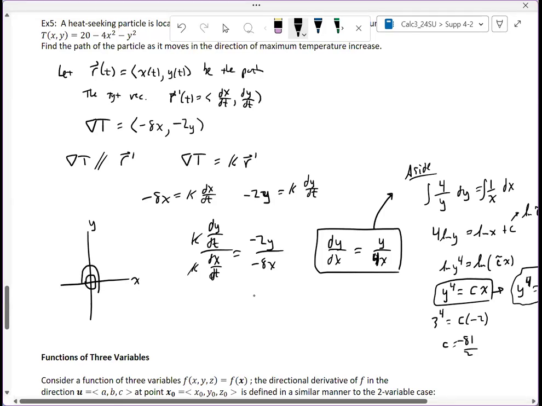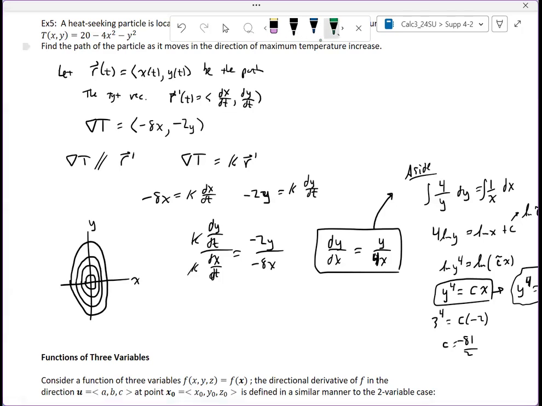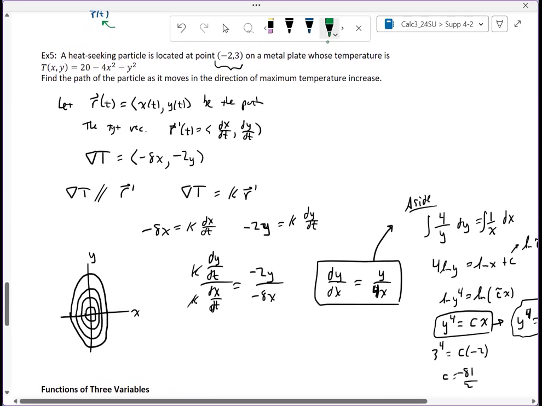These are ellipses that are longer in the y direction than in the x direction. And at the point, what is it? -2, 3.